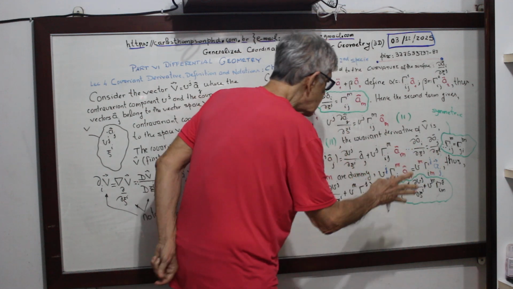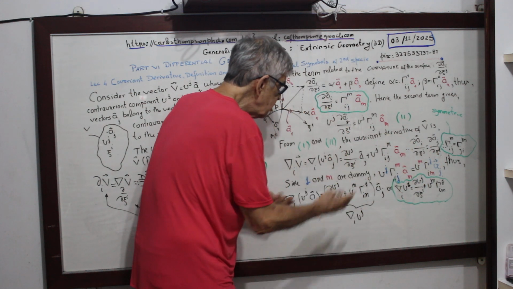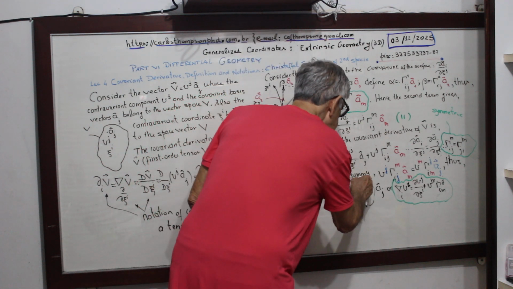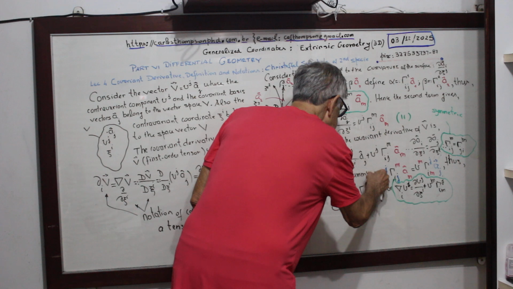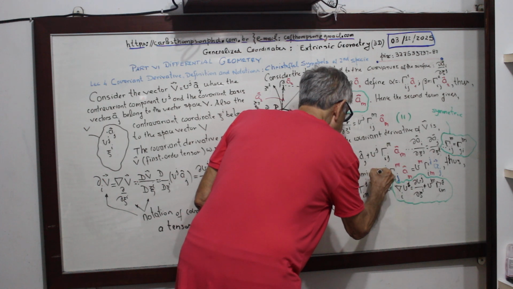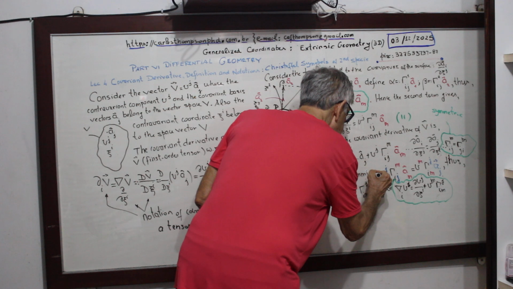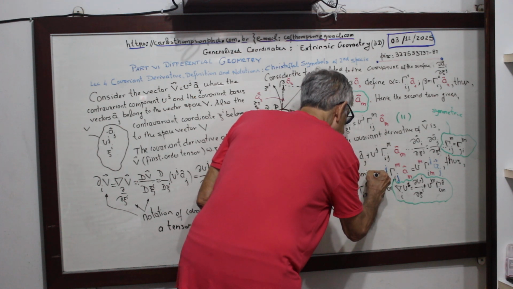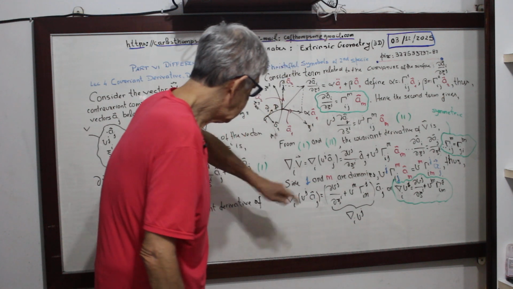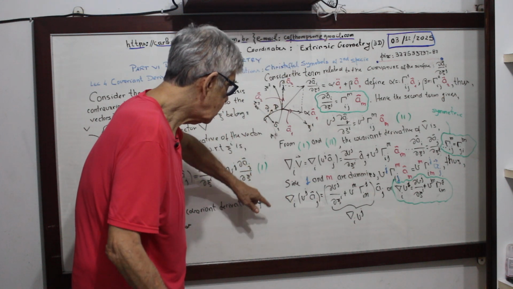It's quite easy because m and j are dummy indices. See? Now, just easy, okay?